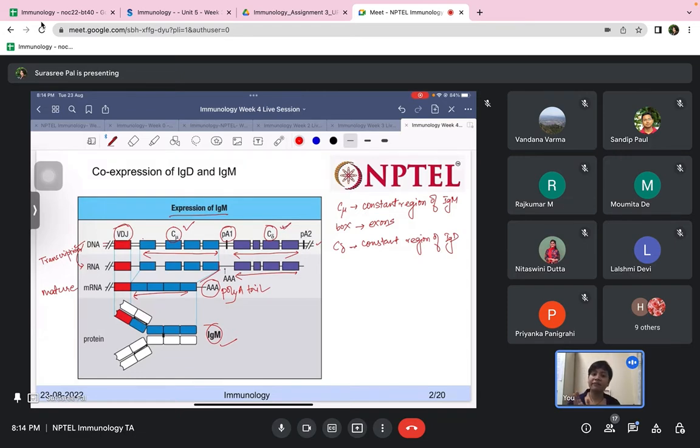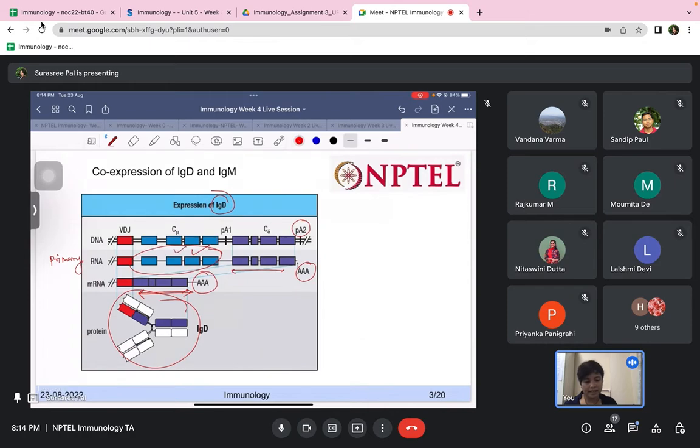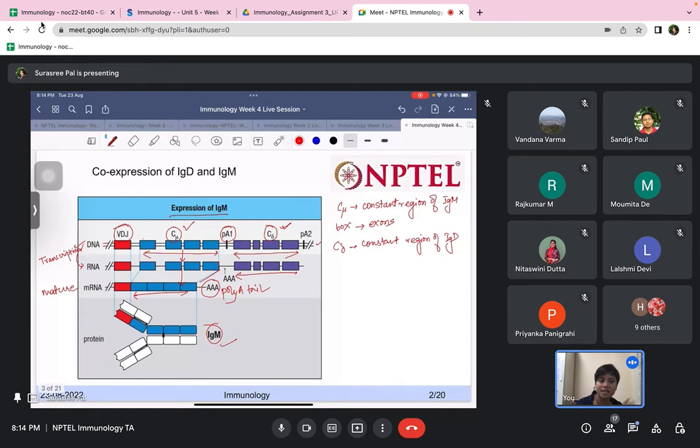By alternative splicing, either the C mu region will be coded in the mature mRNA, or the C mu region will be deleted and the C delta region will be coded. If C delta is coded, it will express IgD, and if C mu is coded, it will express IgM. These are the first initial types of antibodies produced to tackle the infection.